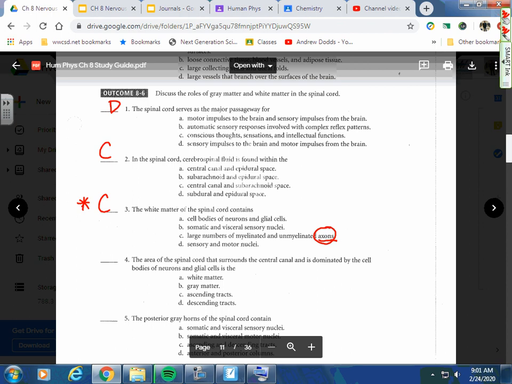And number 4 is going to be B, the area of the spinal cord that surrounds the central canal and is dominated by the cell bodies. And that's important as well. Cell bodies being the gray matter.